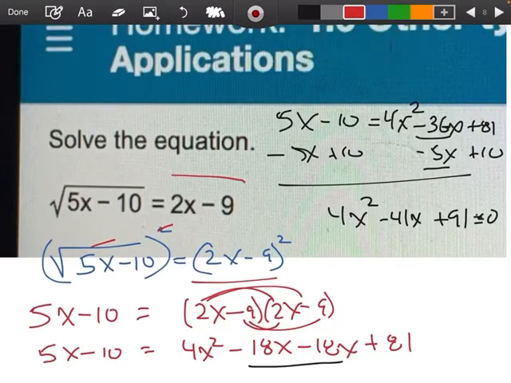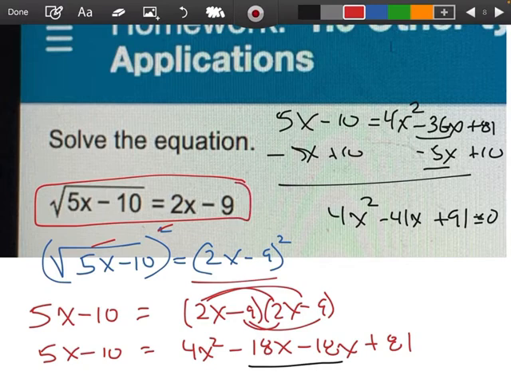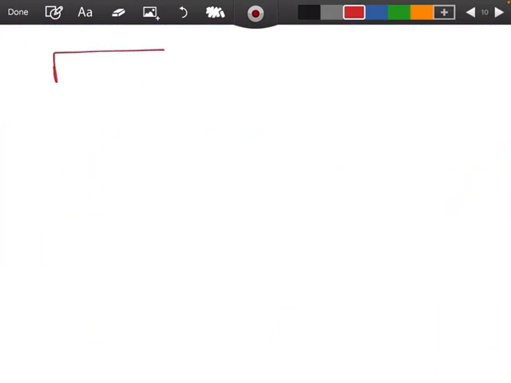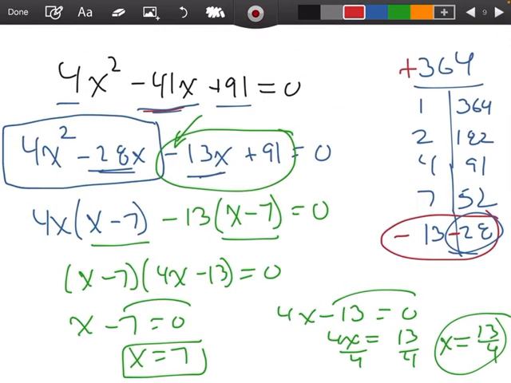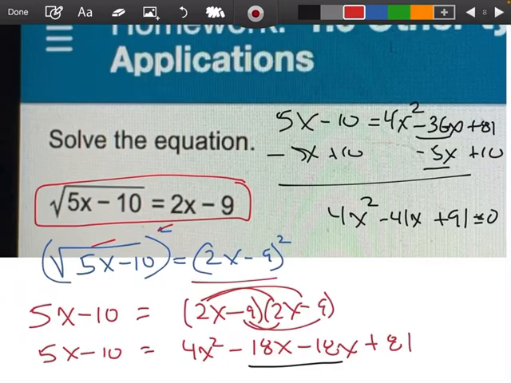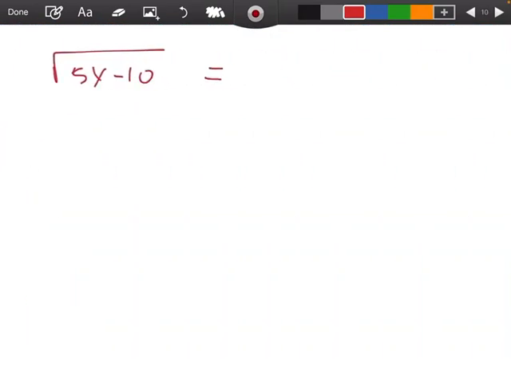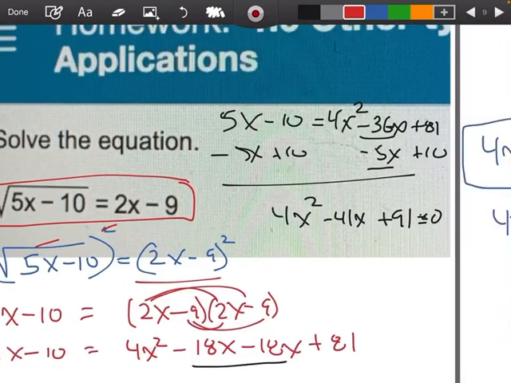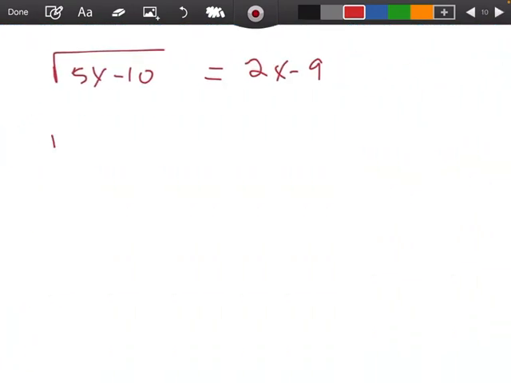So I'm going to take this part right here, the square root of 5x minus 10 equals, excuse me, it was a 2x minus 9. And now we had two answers. So let's check 7. Okay, let's see if 7 works. So everywhere I have an x, I'm going to plug in the number 7.